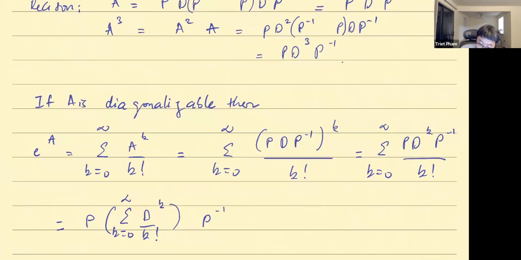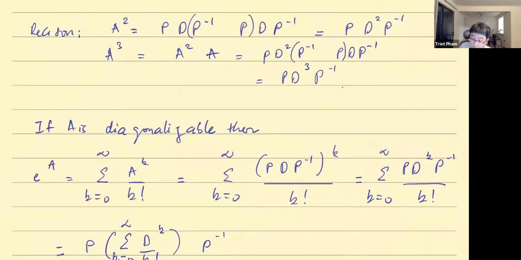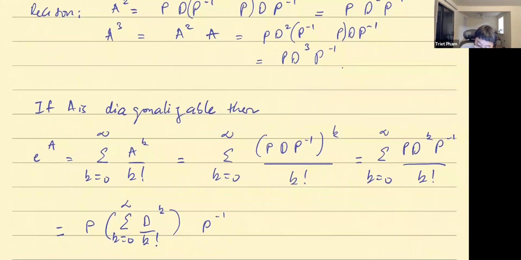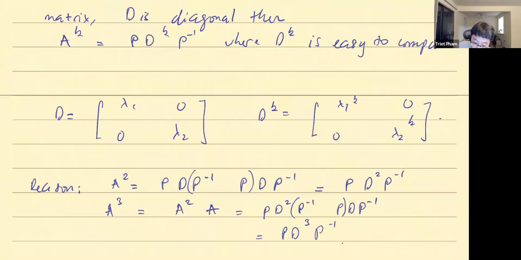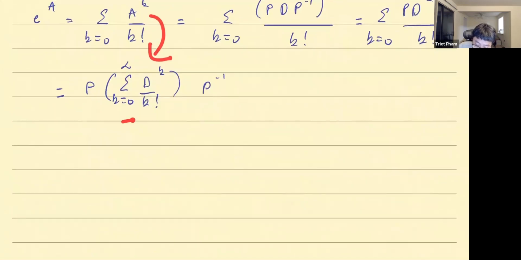So from here to here, we factor the P and P inverse out. But so what do we have? We transfer the case when A is diagonalizable back to the case where we just add the diagonal matrices. And this you recognize is just e to the D.